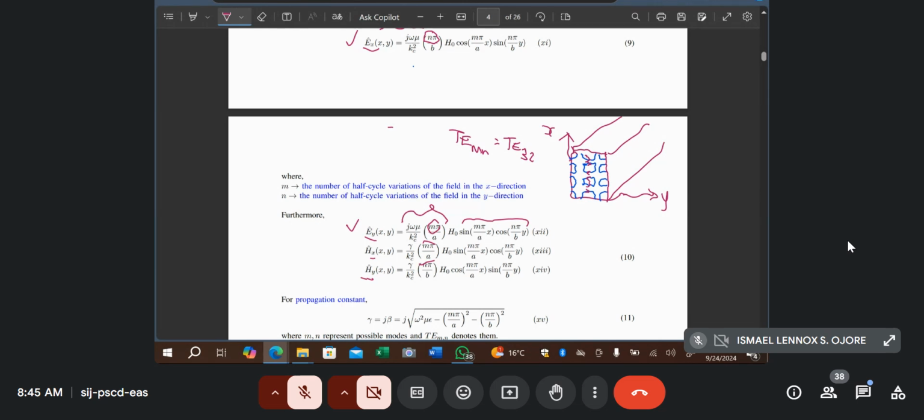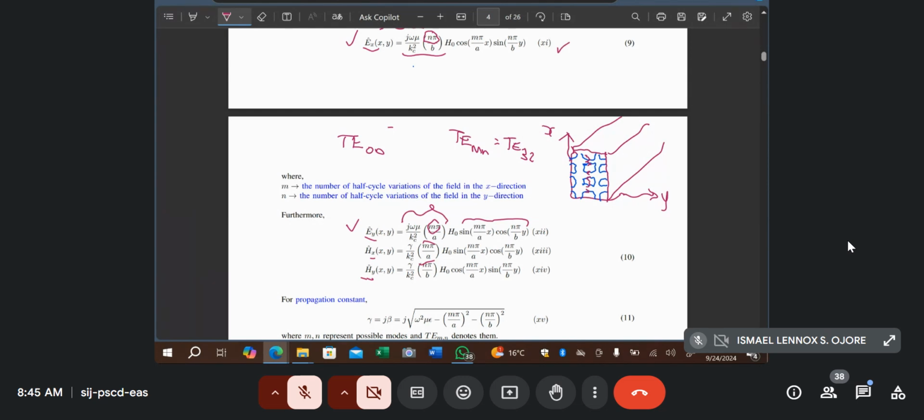So then we can try to see, is it possible to excite a TE00 mode? Looking at those equations, what we are going to do is try to place on this amplitude here. If n is a 0, this will go to 0, isn't it?